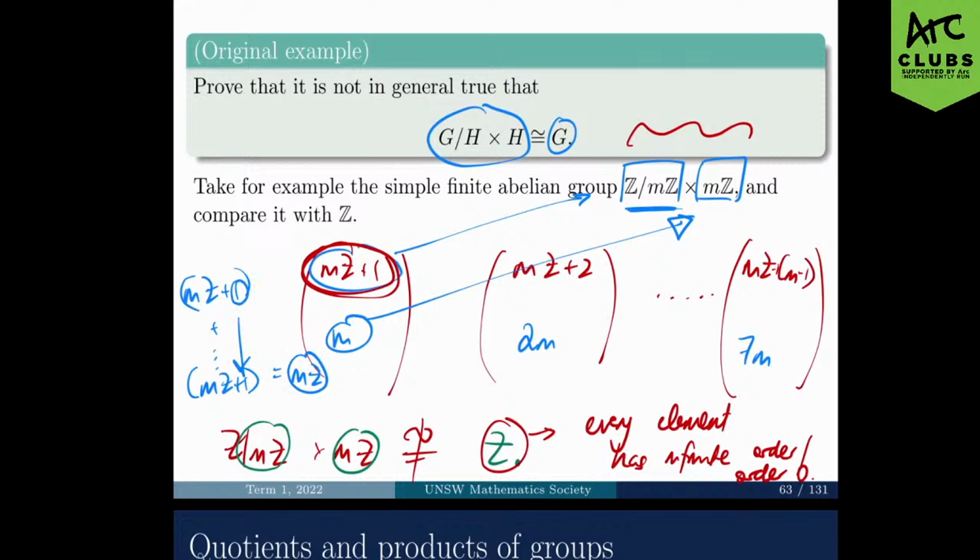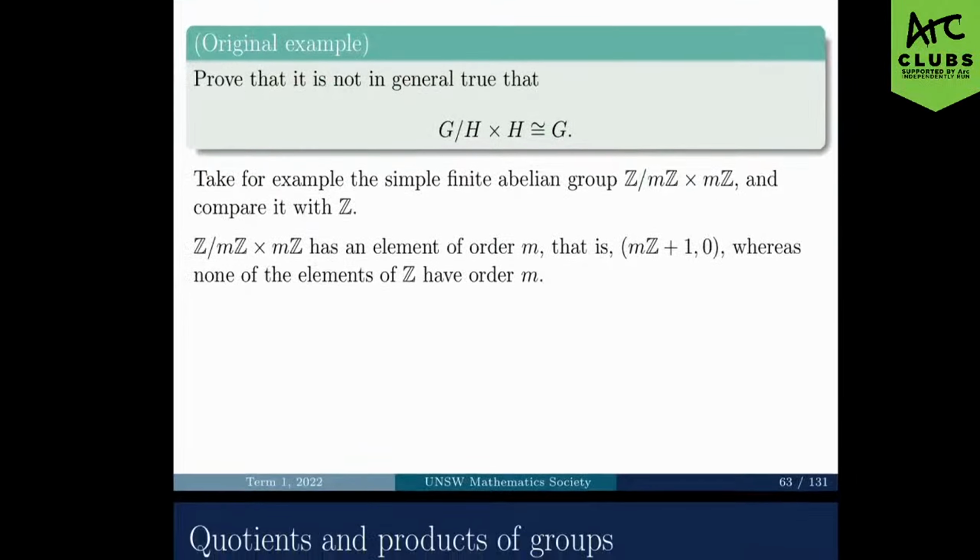Right, so what that means is that basically MZ + 1, and, well, the second one can be whatever we want. It can be 0. Well, that has order M. Right, so basically we've shown that there's an element in this set that has order M, but the same is not true of Z, because no element in Z can have order M.